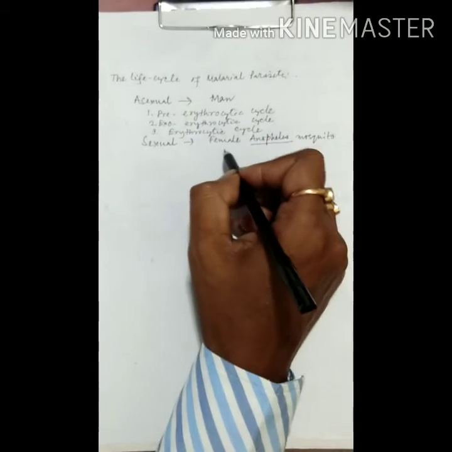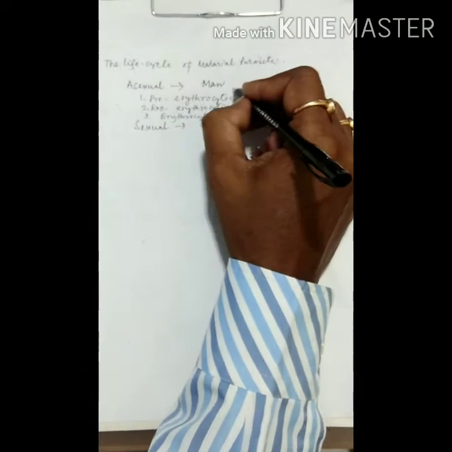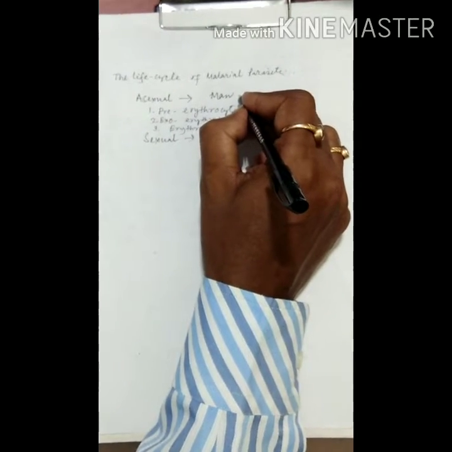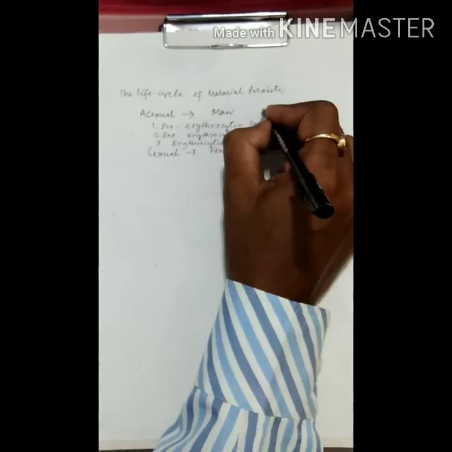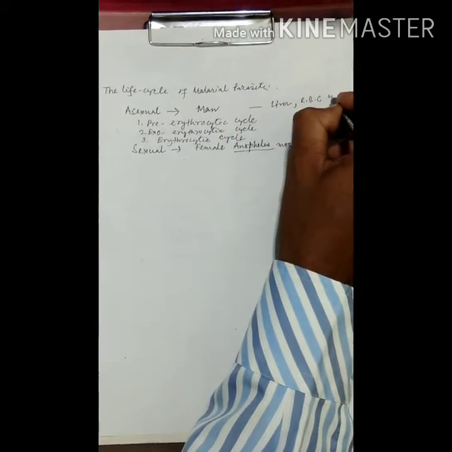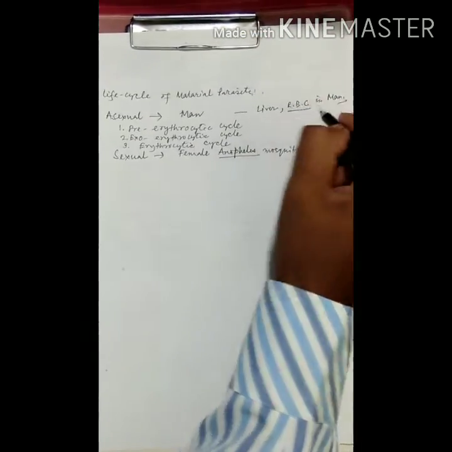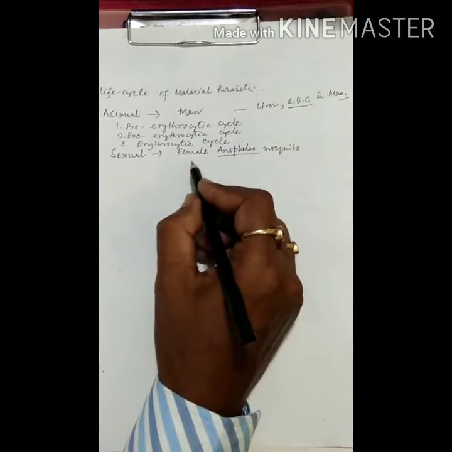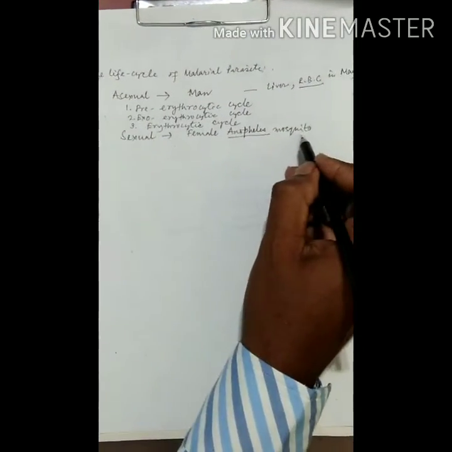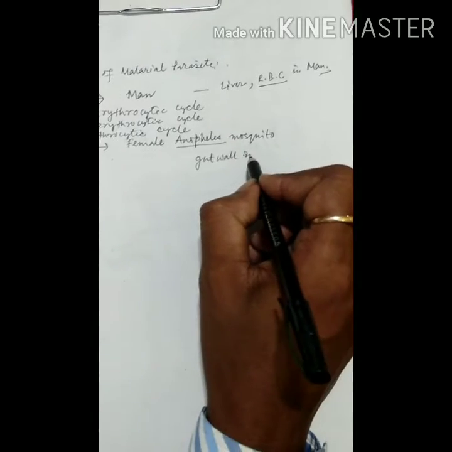It is only found in the female Anopheles mosquito. In the case of the asexual cycle, it takes place in the human body, in the organ of the liver. It attacks the liver in man, then the RBC, that means red blood corpuscles, in the bloodstream. In the female Anopheles mosquito, it is only in the mid-gut wall and salivary gland.